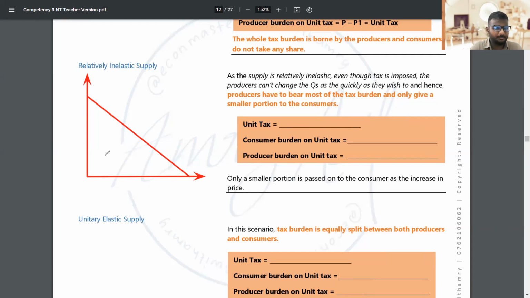Or will it start from the origin? Will it start from the price axis? Will it start from the quantity axis? A description alone is not enough, right? Here they have asked you to explain using a graph, so you have to draw the graph. Will the supply curve be parallel to the price axis or the quantity axis?